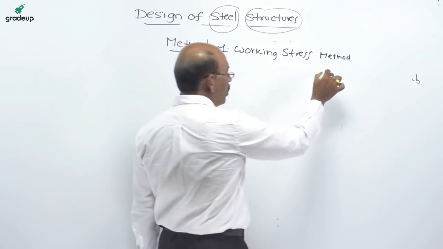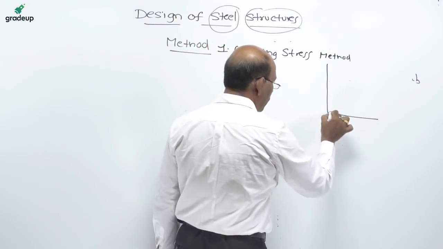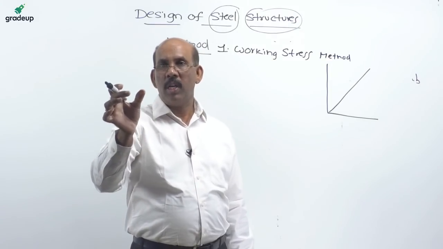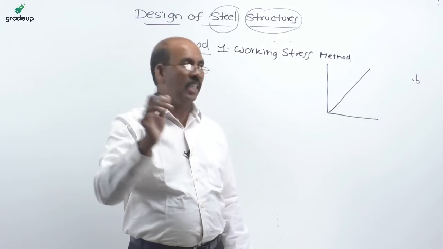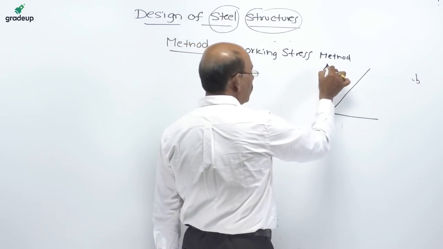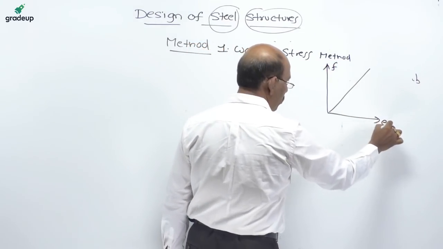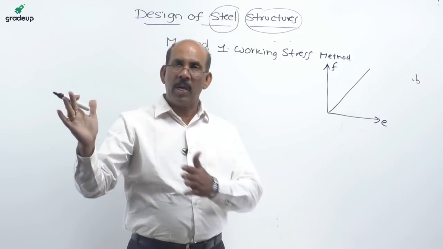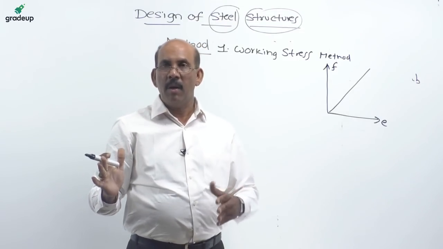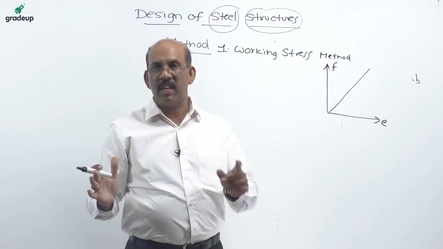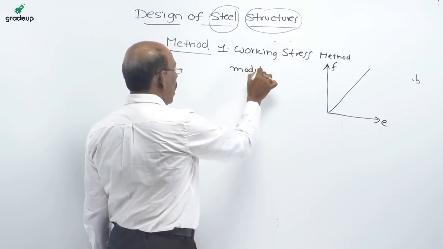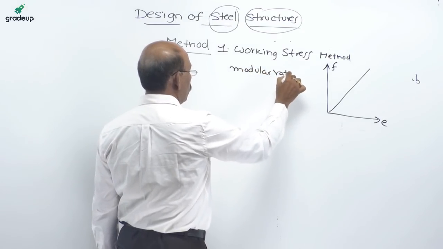That means when we draw the stress-strain diagram, it is assumed as a linear variation, with stress on one axis and strain on the other, and we calculate all the parameters in the working stress method by assuming a linear variation with a single parameter known as modular ratio.